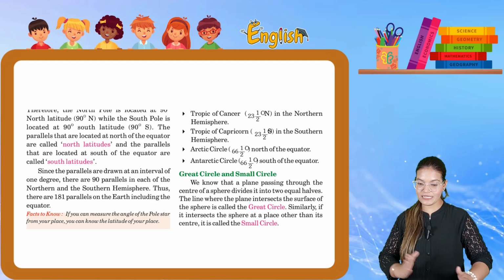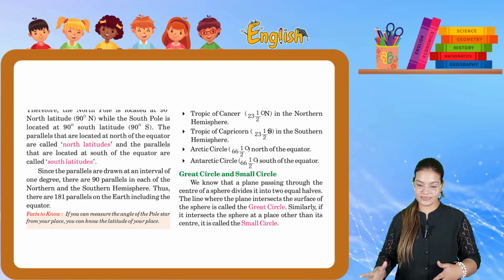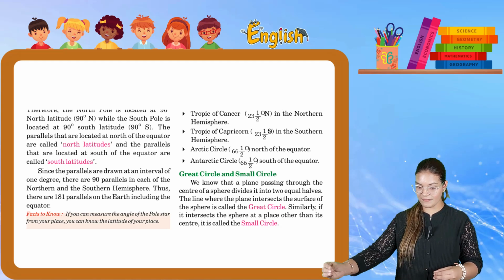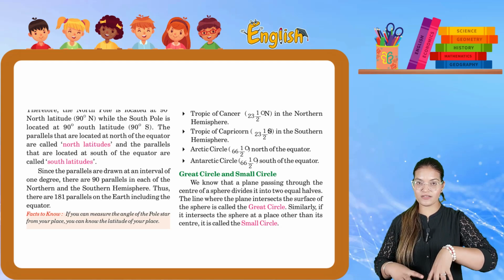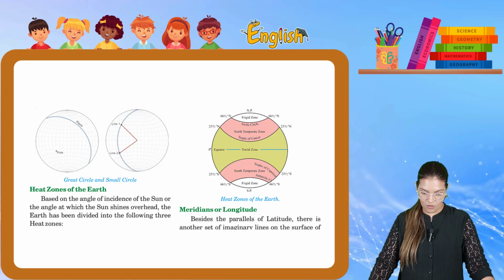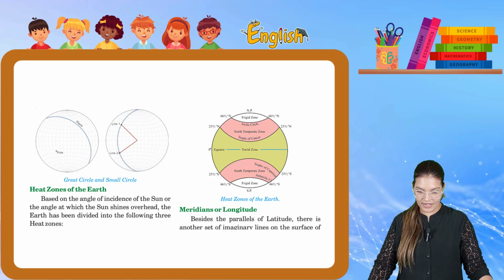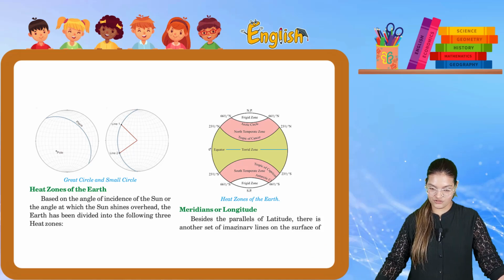Similarly, if it intersects the sphere at a place other than its center, मतलब अधर से उसने प्लेस किया, then it's called the small circle, right? You can see the diagram also, great circle and small circle in your right hand page.